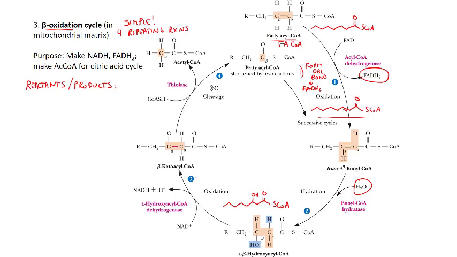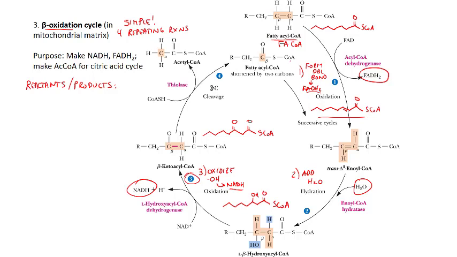Third reaction is we oxidize the alcohol and give us NADH. So our beta-hydroxyacyl-CoA becomes oxidized to a ketone, and we get NADH as a byproduct.